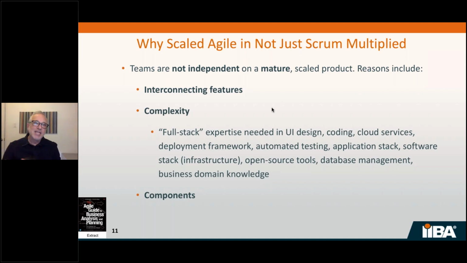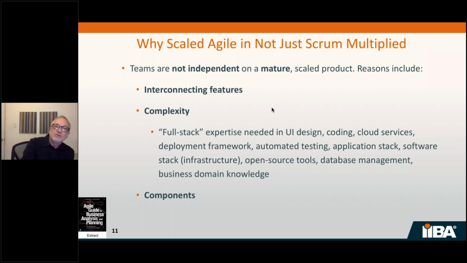This idea that sub-aspects and features of the product are connected applies to most mature systems. And if you keep in mind that you'll have a team or a group of teams working on each of these feature sets or areas of the product, if the features themselves are interconnected, then when you make a change to one, you may have to make a change to another. That means interdependency.